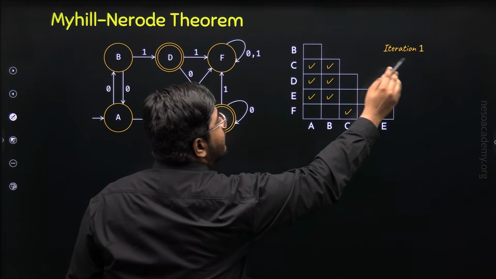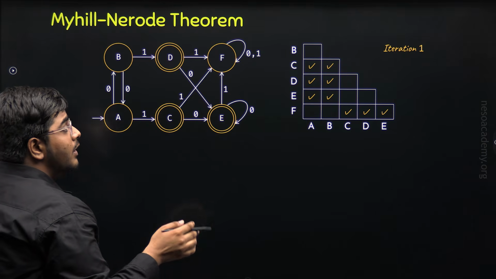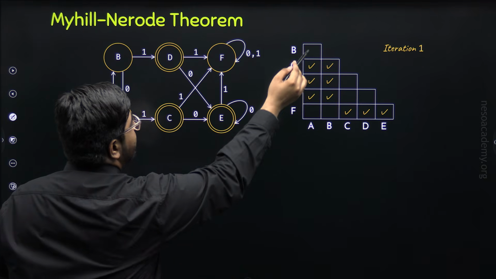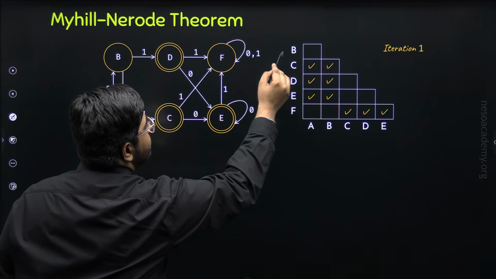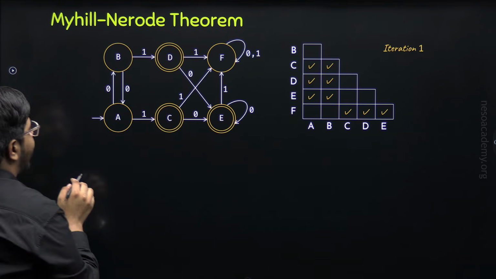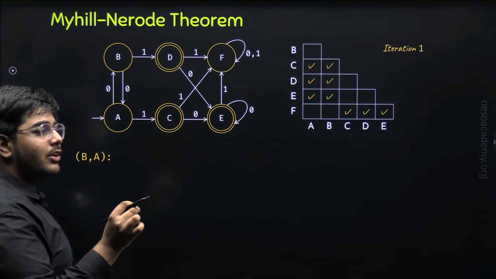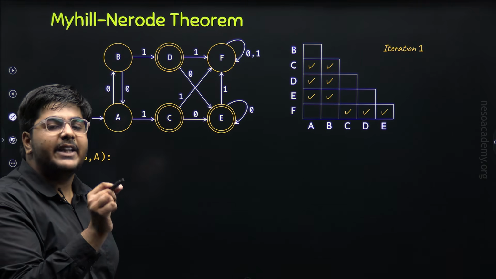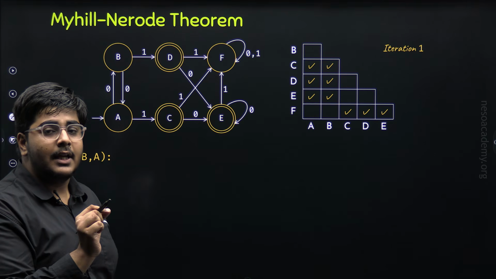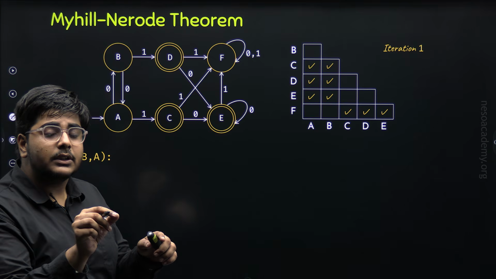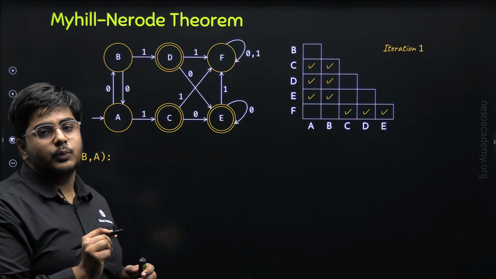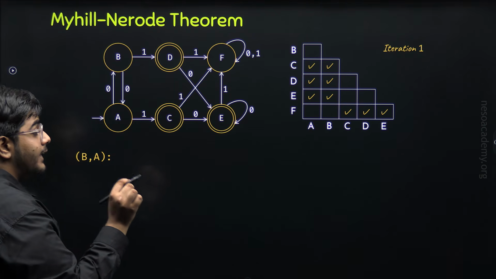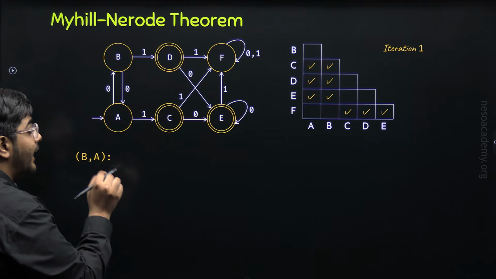We are performing the very first iteration because right now we are visiting every unmarked pair for the first time. So the very first unmarked pair of this table is B, A. So we will write B, A. Now in general, if P, Q is unmarked, then we need to calculate delta P, X, delta Q, X. And if that pair is also marked, then we have to mark P, Q. Similarly, for B, A, we have to calculate delta B, 0, delta A, 0.